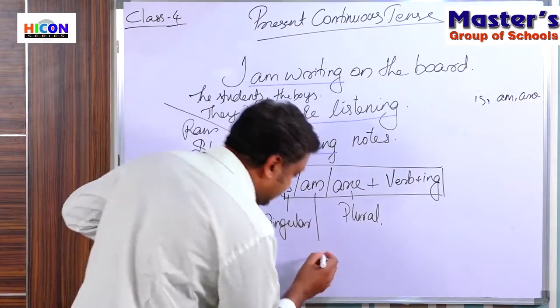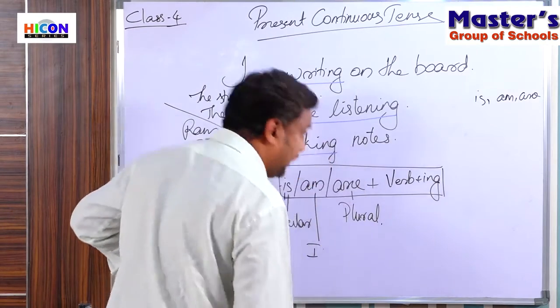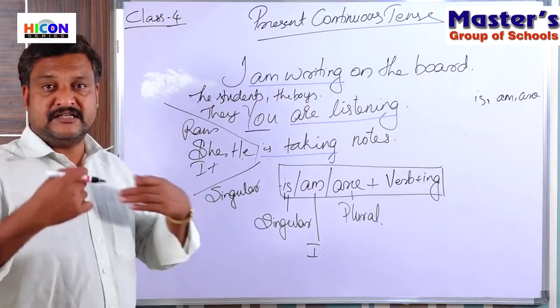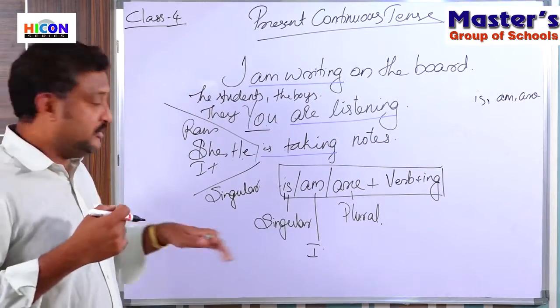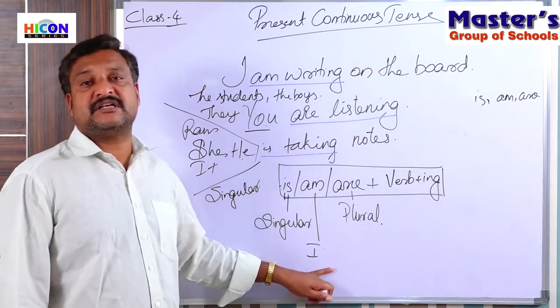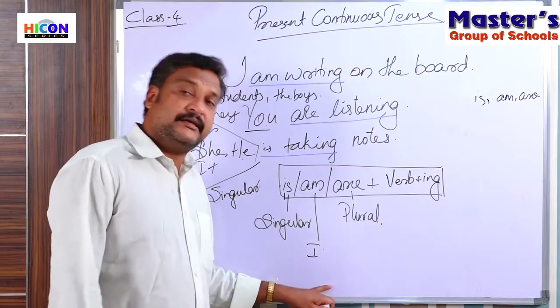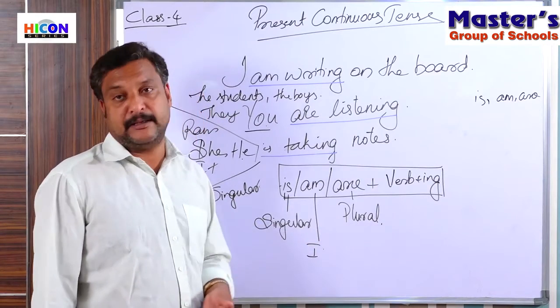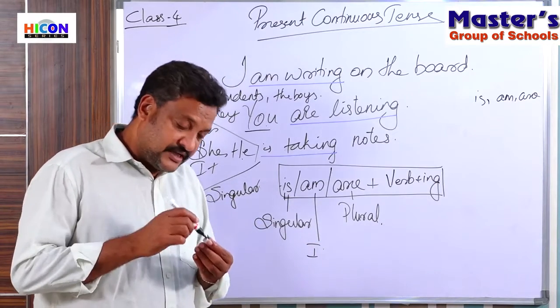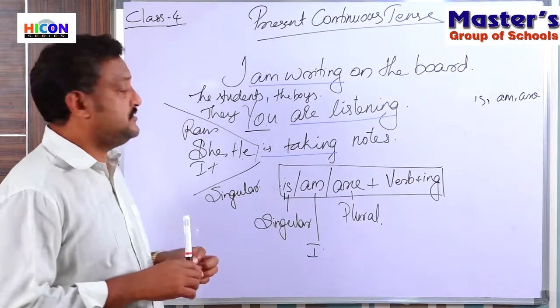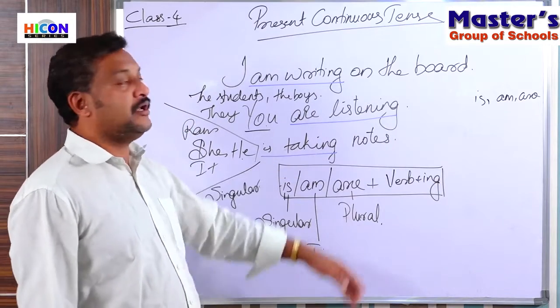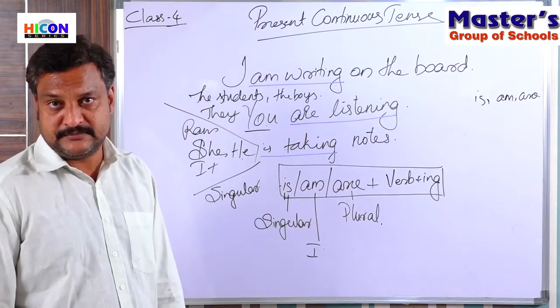And when the subject is the first person pronoun I, in the sense of me, okay? When the first person pronoun is used as a subject, then yes, we use am. Okay? So the structure of the present continuous tense is is, am or are plus the ing form of the word.